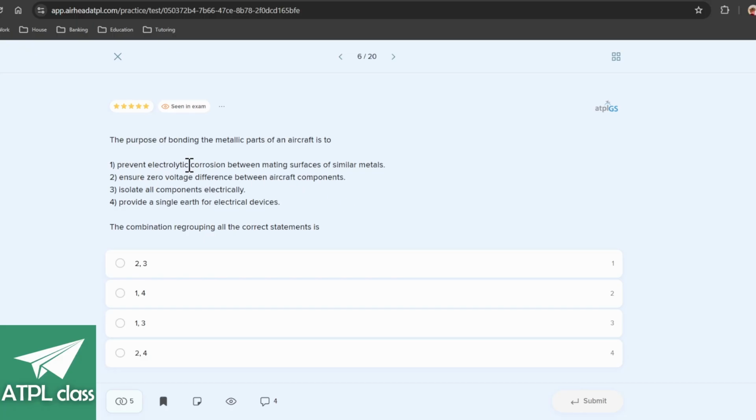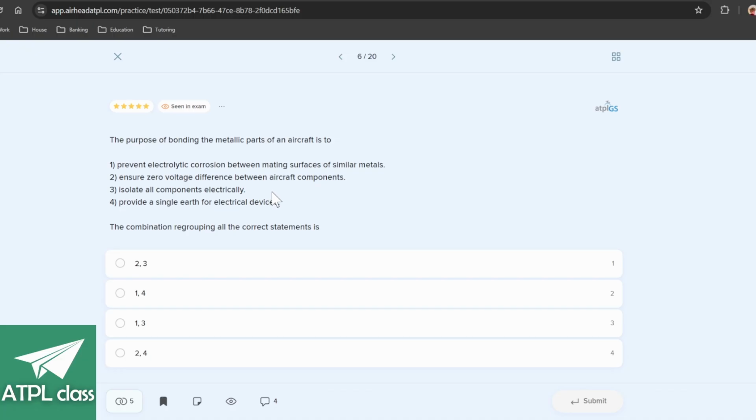Number 1, prevent electrolytic corrosion between mating surfaces of similar metals. I don't even know what that is, so it's probably a good sign that it's not been in the course. 2, ensure zero voltage difference between the aircraft components. Yes, that's what I was just talking about. 3, isolate all components electrically.